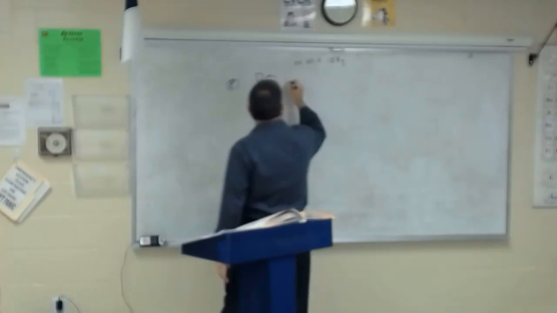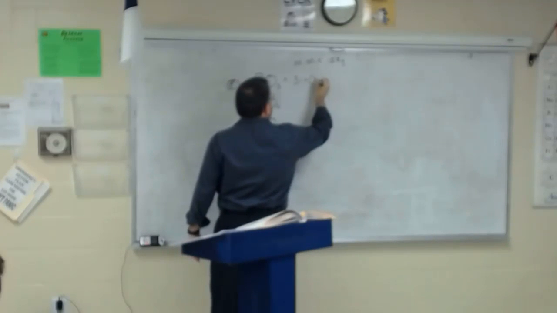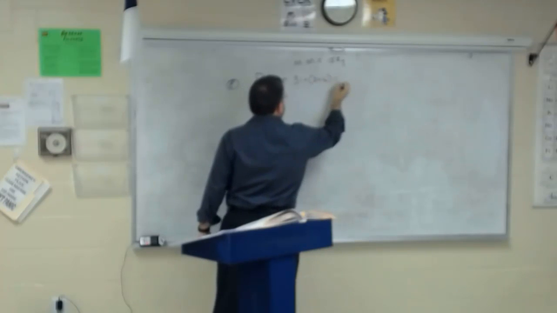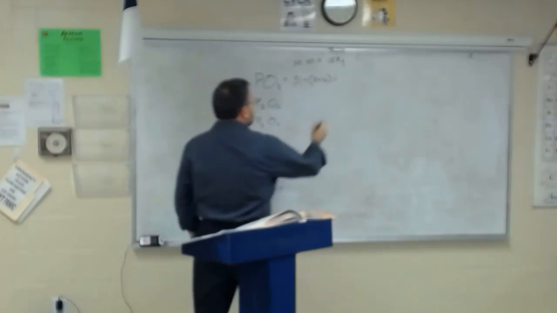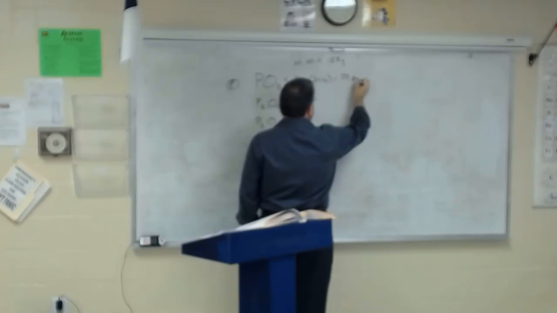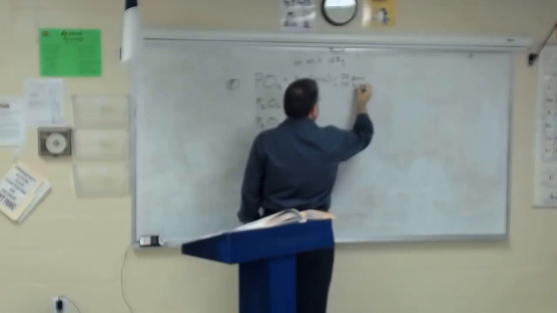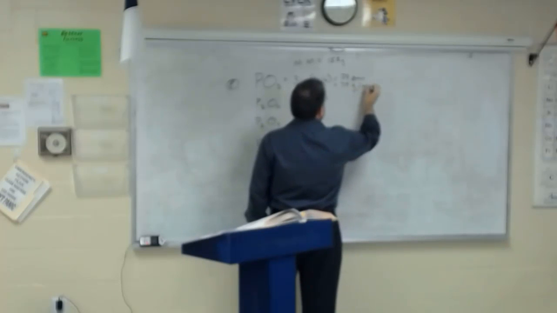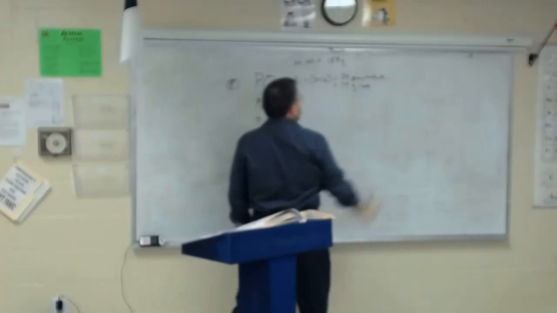So the molar mass of PO3 is 31 plus 3 times 16, and that is equal to 79 AMU. It's also equal to 79 grams. It's grams per mole, AMUs per molecule, right?